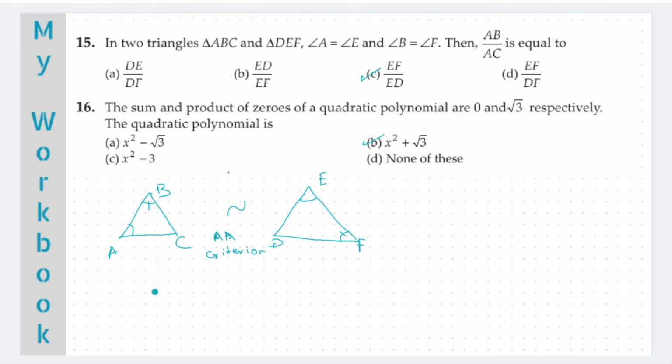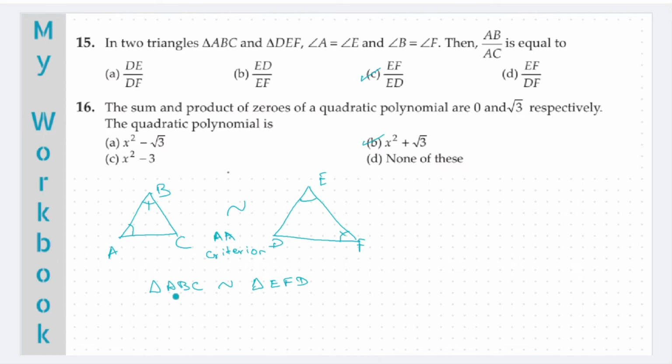So, triangle ABC is similar to triangle. Angle A is equal to angle E. So, we must name the triangle correctly. Triangle E, and then next vertex is F, since angle B is equal to angle F. So it will be EFD. Triangle ABC is similar to triangle EFD.